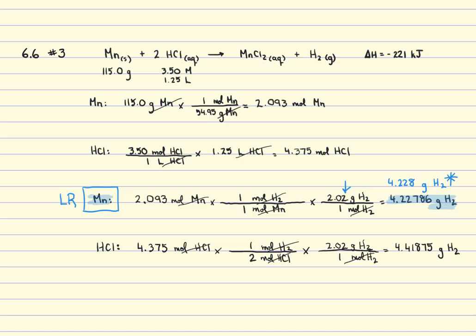So the theoretical mass asked for in part C is going to be 4.228 grams of hydrogen.